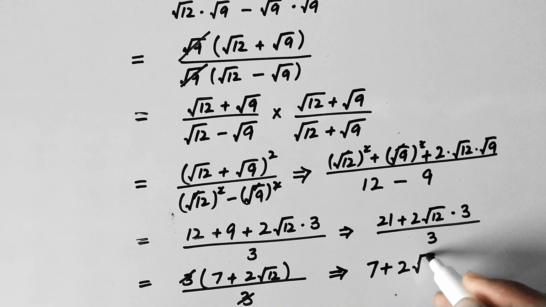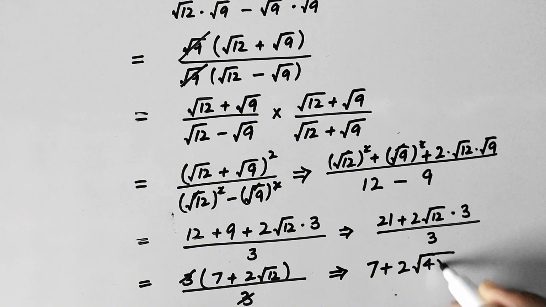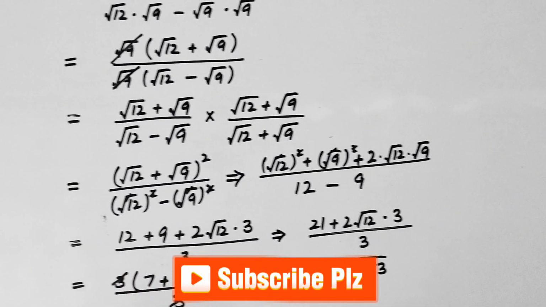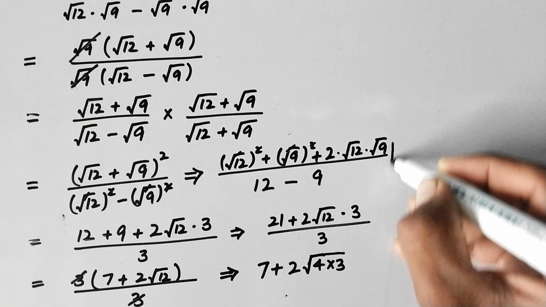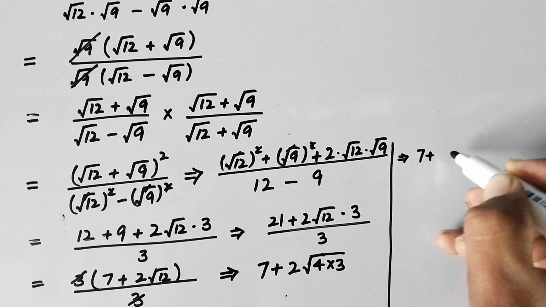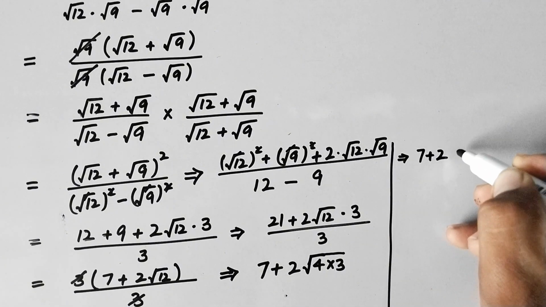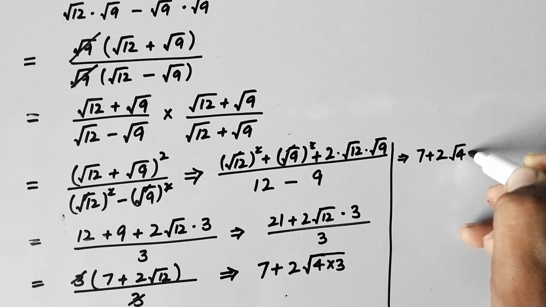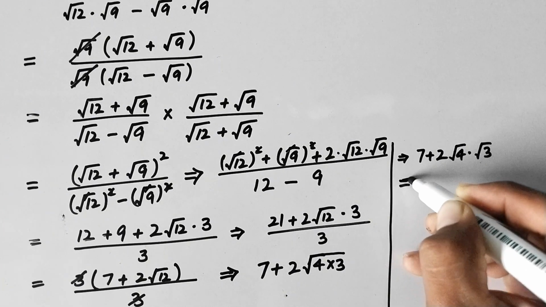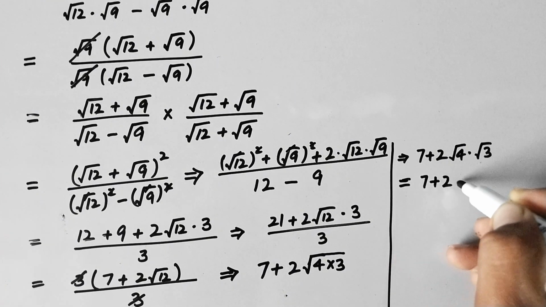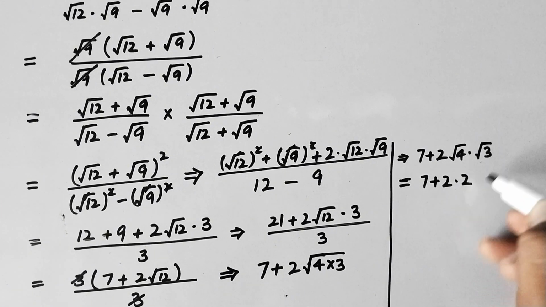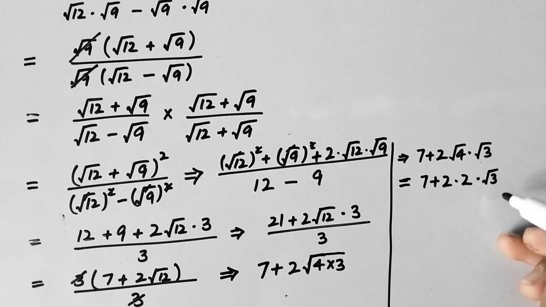This 12 can be written as 4 times 3. So now here we will write it in this way: 7 plus 2 times square root of 4 times square root of 3, or in the next step it will be equal to 7 plus 2 times, as square root of 4 is equal to 2, times square root of 3.